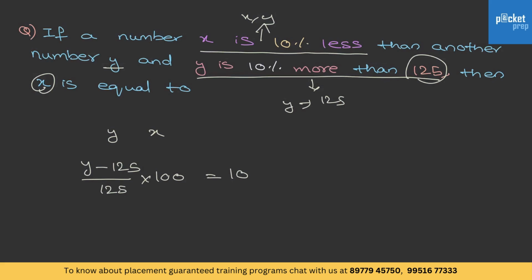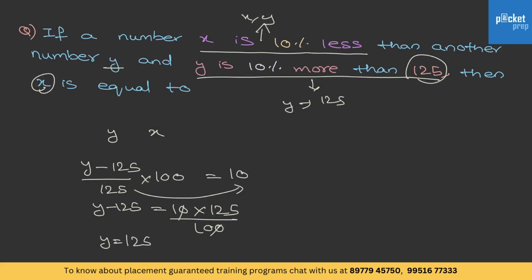From this we can get the y value. y minus 125 is equal to, taking this to this side, 10 into 125 by 100. 125 by 10 gives 12.5. So y is equal to 125 plus 12.5, which is 137.5. This is one side of the problem.